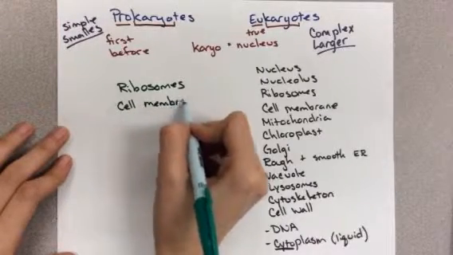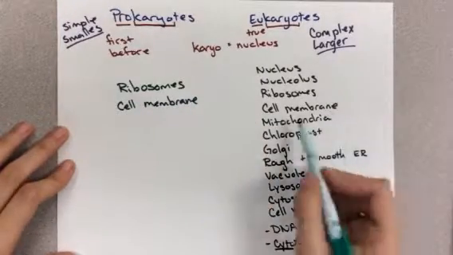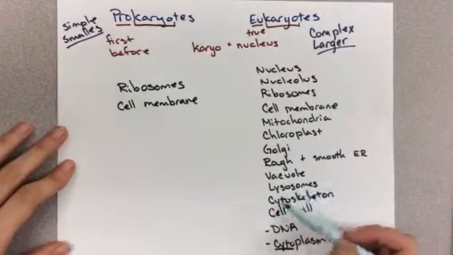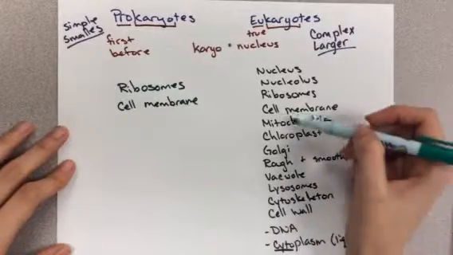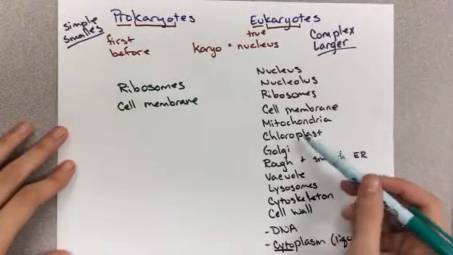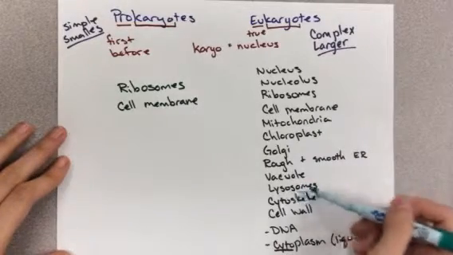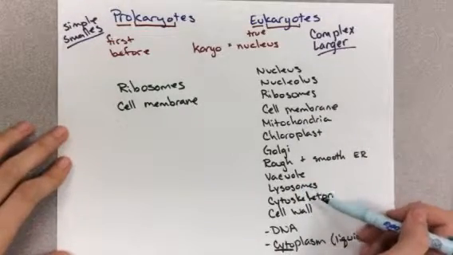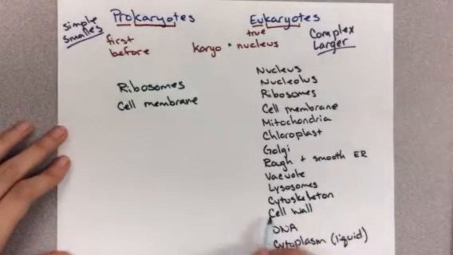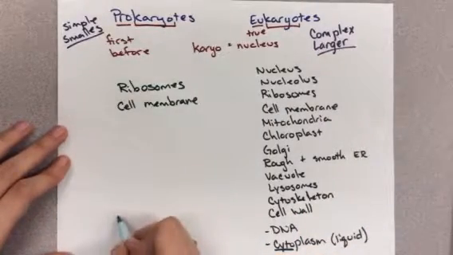Remember, that's the boundary of all cells, so they have to have that. Mitochondria, chloroplast, Golgi, ER, the vacuoles, lysosomes, those are all very kind of advanced structures. So prokaryotes do not have those structures. Prokaryotes don't even really have lysosomes either. And they don't have cytoskeleton. However, some do have cell wall.